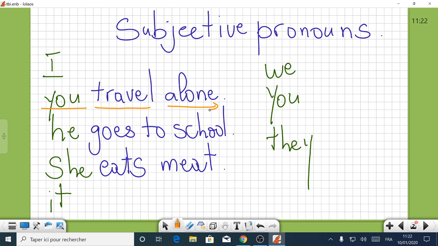So you travel alone, he goes to school, she eats meat. Of course, we can form other sentences if we like. What can you understand from the subjective pronouns? They are pronouns which come before a verb.